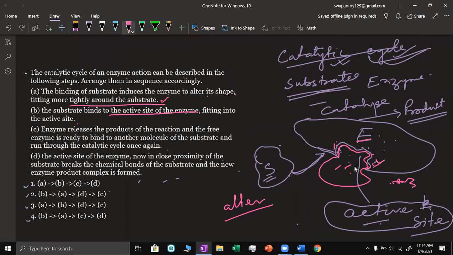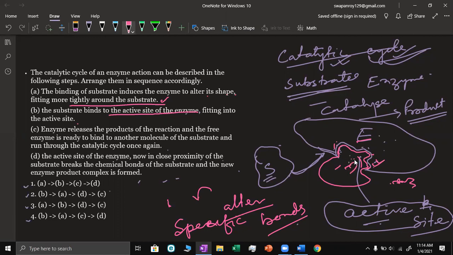After that, the next step is that specific bonds of the substrate may break, they may change, or new bonds may be formed.